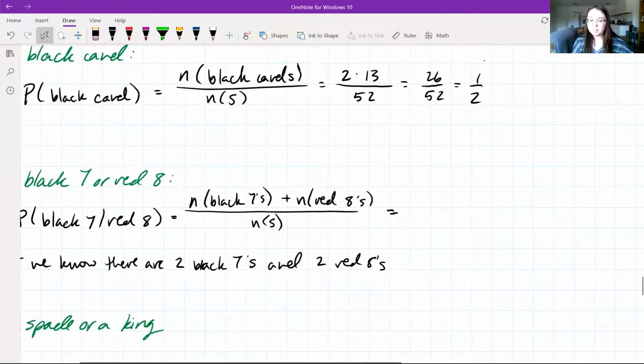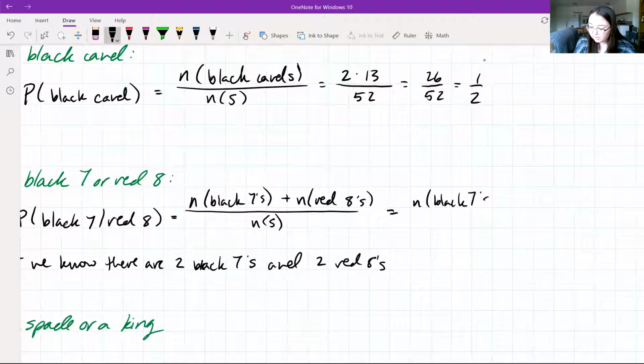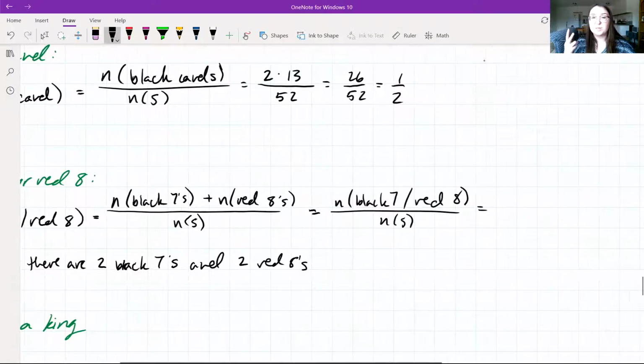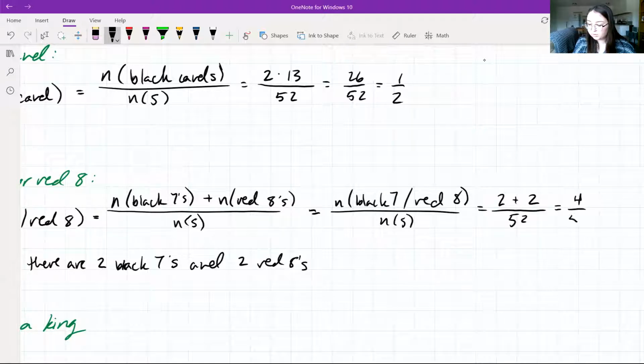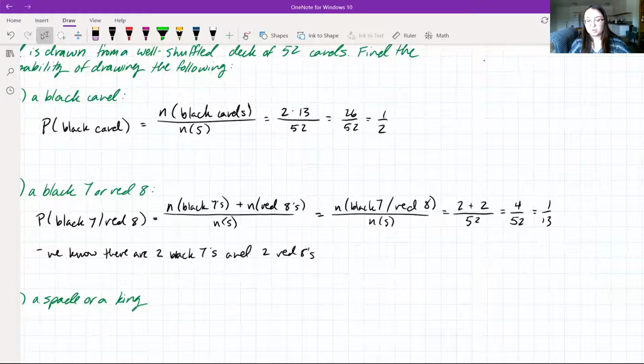Now, saying the number of black 7s plus the number of red 8s is the same thing as saying the number of elements in the event of a black 7 or a red 8. And since we know there's going to be 2 of each, this is the same thing as saying 2 plus 2 over 52, which equals 4 over 52, which is equal to 1 over 13. So we have a 1 in 13 chance.